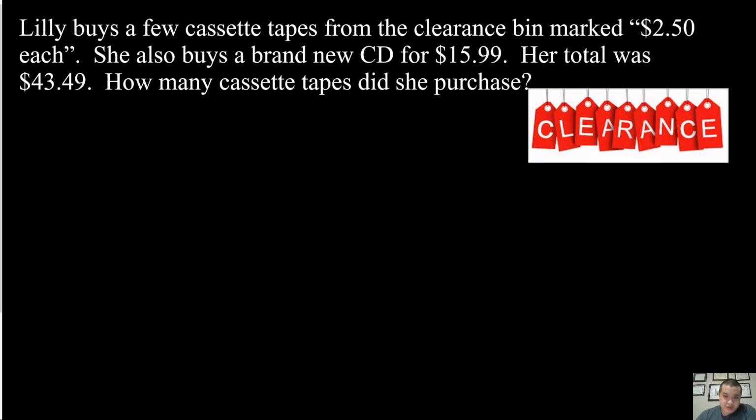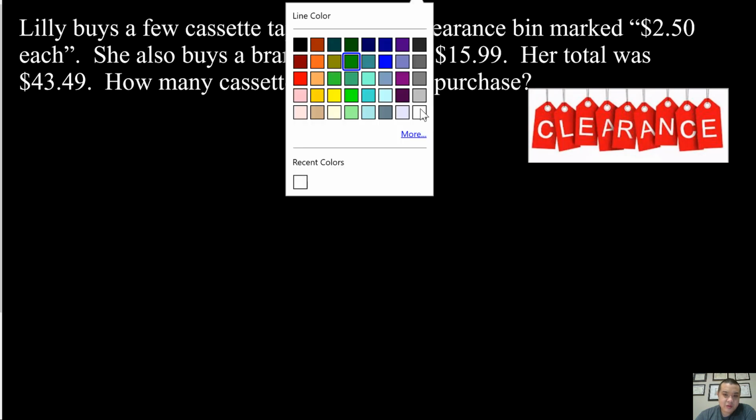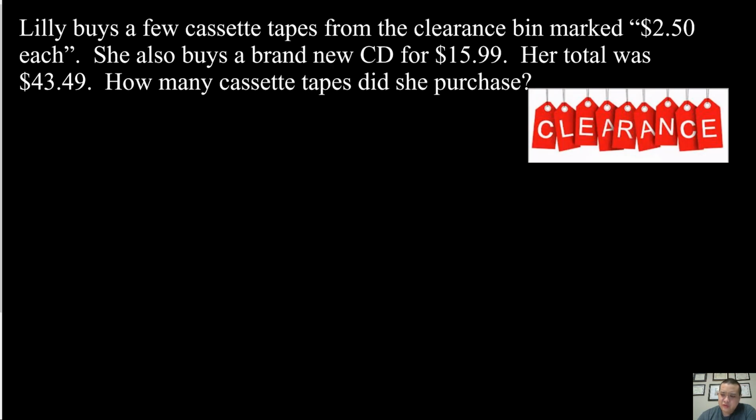Lily buys a few cassette tapes from the clearance bin marked $2.50 each. She also buys a brand new CD for $15.99. Her total was $43.49. How many cassette tapes did she purchase? We are asked for how many cassette tapes she purchased, so that's going to be our x. Remember, we're always going to define what our variable represents.